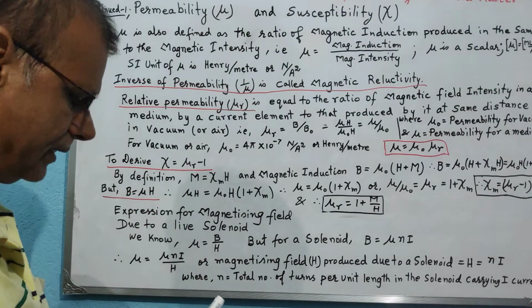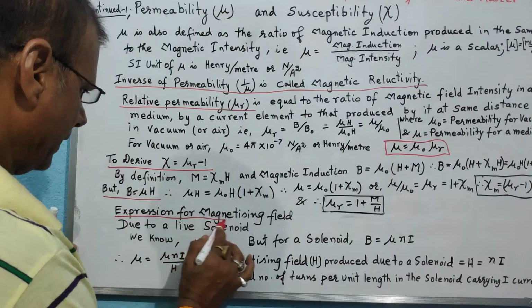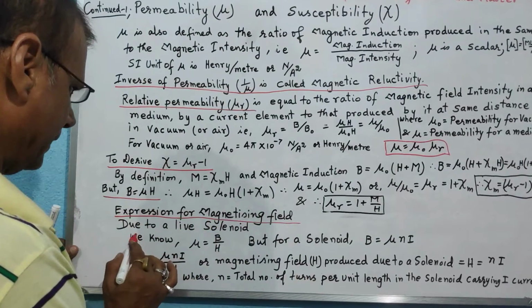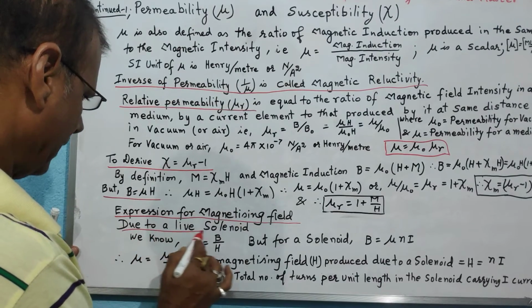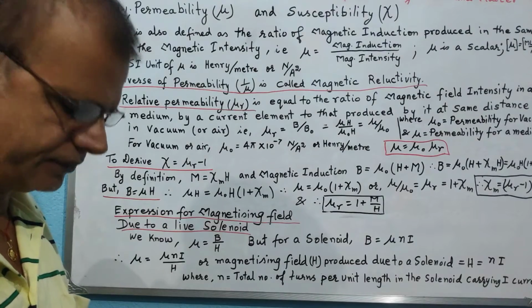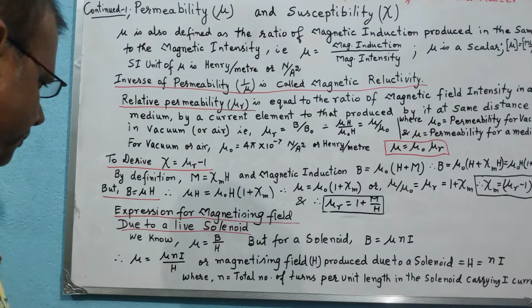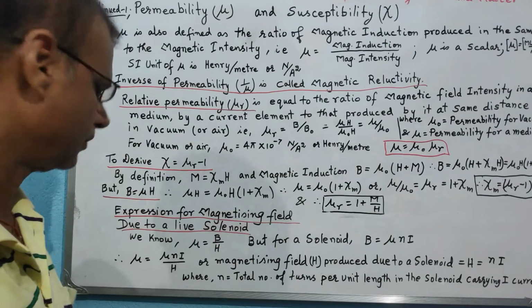Now finally we talk about the derivation for the magnetizing field produced due to a live solenoid. That expression we are going to find.